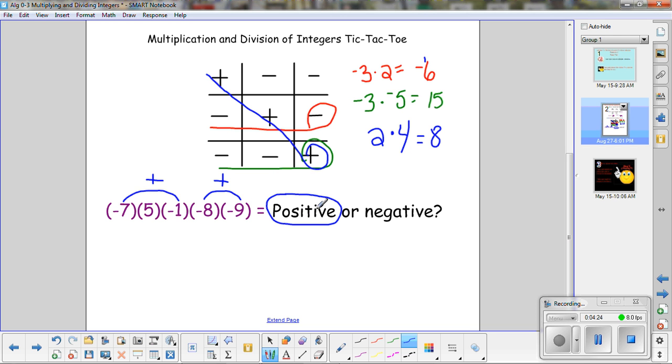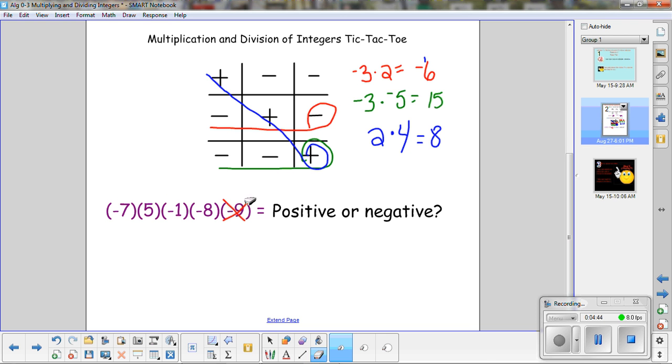Basically, every two negatives, when you multiply them together, is going to end up becoming positive. Now, if I were to redo this problem and get rid of this very last number, now what's going to happen is this negative times this negative is going to be positive. However, you have one negative left in the problem.